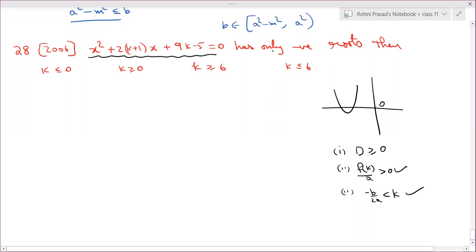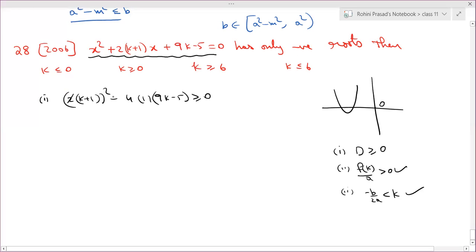So if it is not negative, if both the roots are less than 5 or less than 10 or less than minus 6 or some other number, then we must depend on this. Because they both are negative, we can either depend on this or directly write the first condition: (2 times (k plus 1)) whole square minus 4 into 1 into (9k minus 5) should be greater than or equal to 0.